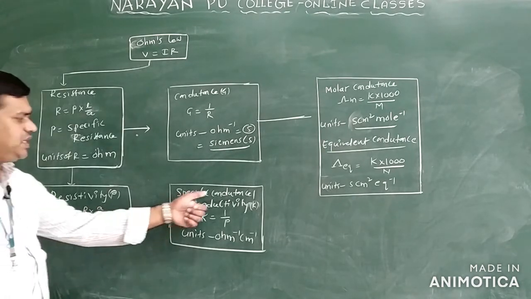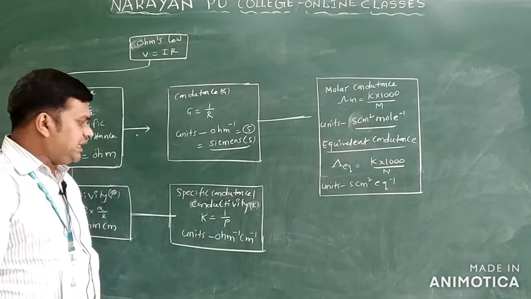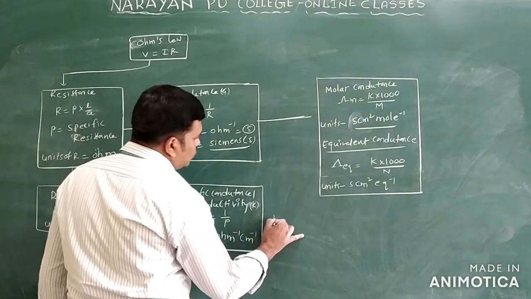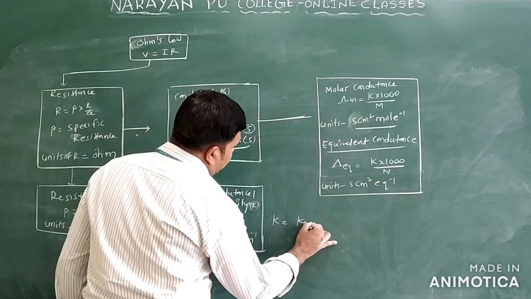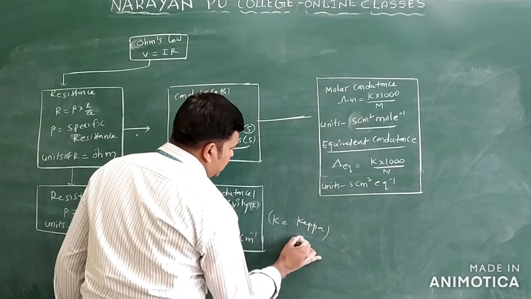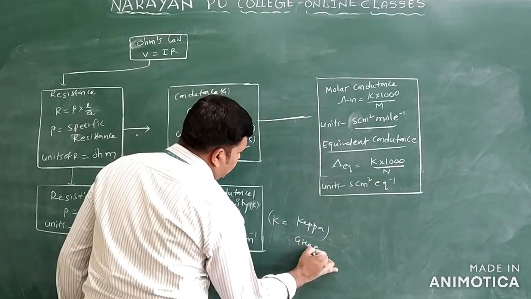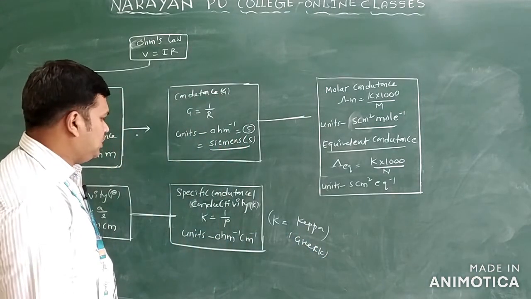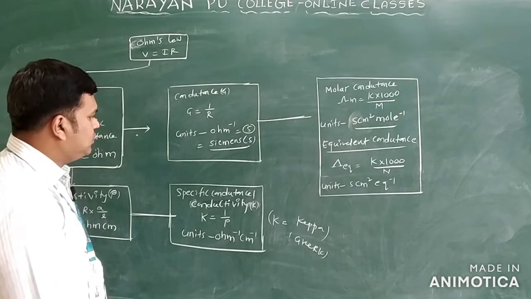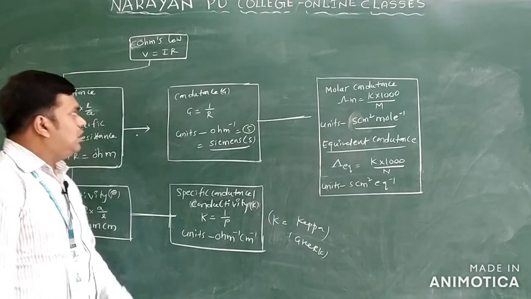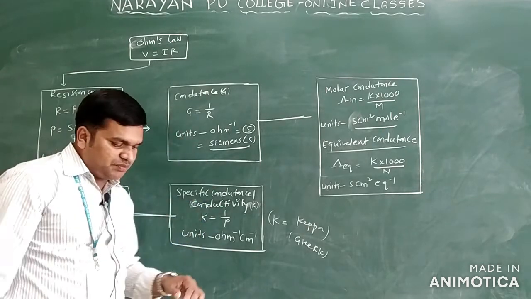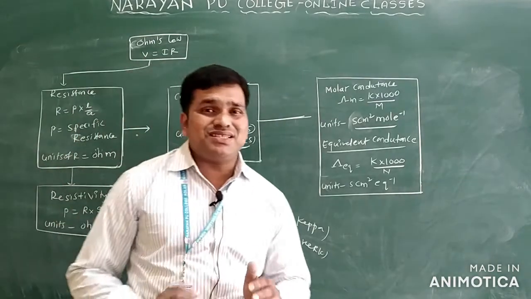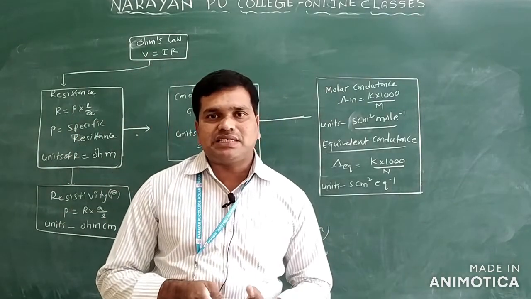Then the specific conductance or conductivity K, in Greek we call it kappa. The units are Ohm inverse centimeter inverse, or you can write Siemens per centimeter. So this is the systematic representation of all the basic terminologies we discussed up to now.